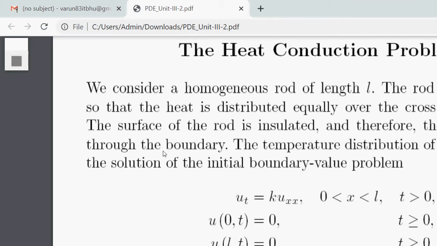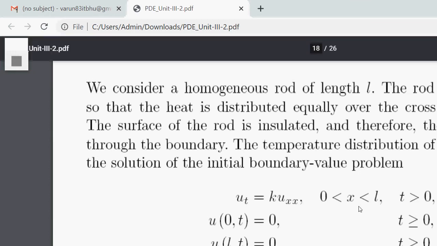And some initial and boundary conditions have been given: u(0,t) is equal to 0 for every t greater than or equal to 0, and u(L,t) is equal to 0 for t greater than or equal to 0, and this is the boundary condition, and the initial condition is u(x,0) is equal to f(x) for x belonging to the closed interval 0 to L. We assume this differential equation and the initial and boundary conditions together are called 7.5.1.